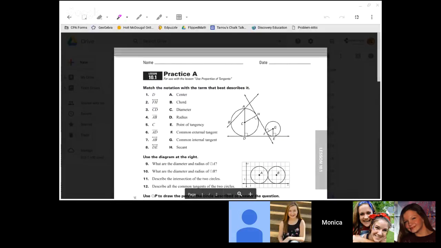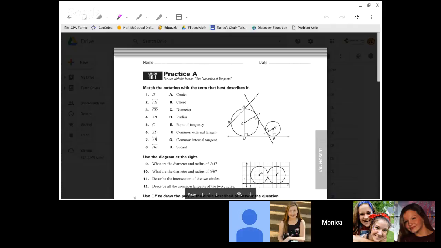Okay, Lily, so for number 4, what's your question? Yes, it would. Good job. And then for number 12, describe all of the common tangents of the two circles.